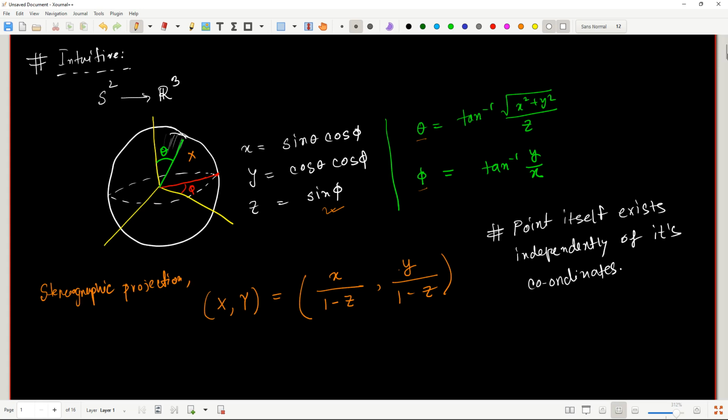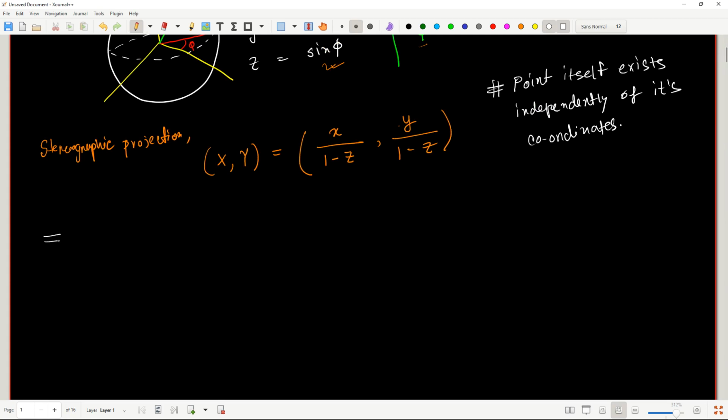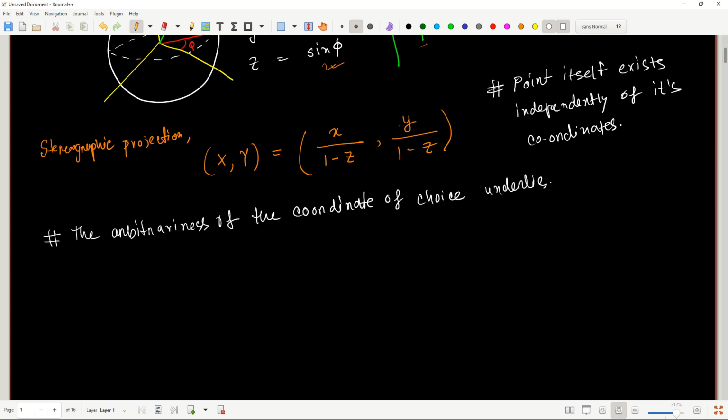So we say that the arbitrariness of the coordinate choice underlies the theory of manifolds.